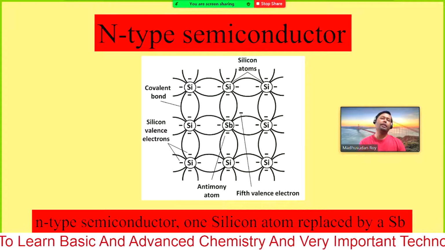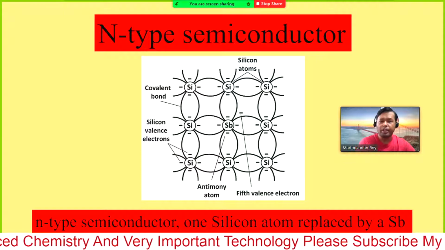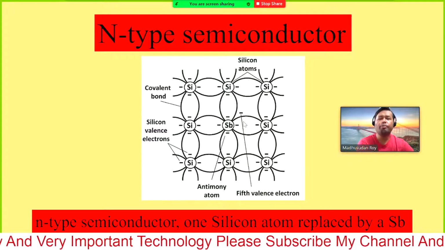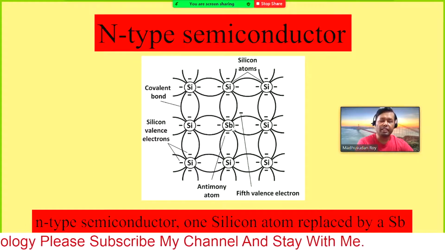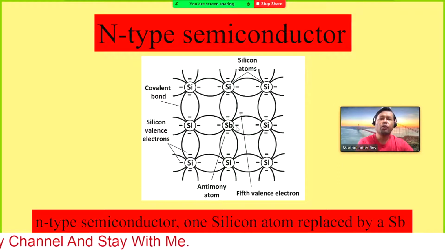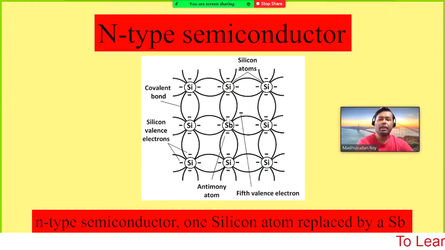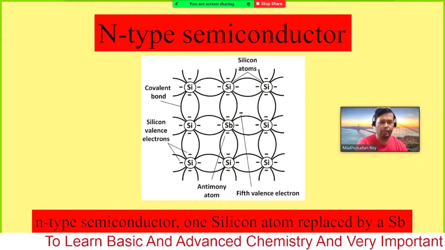And previously I have mentioned the structure of pure silicon or pure semiconductor, so I am not going to discuss it again in detail. So now we had a silicon here, that means we had 4 electrons. Now if we replace one silicon by one 5 valence atom, like antimony or bismuth, or even phosphorus.